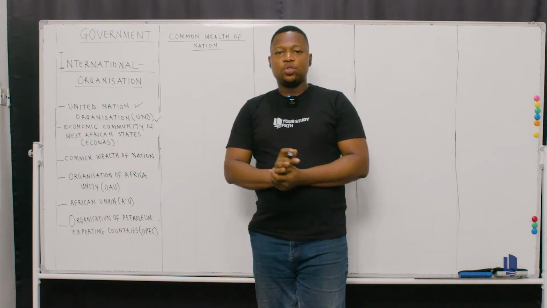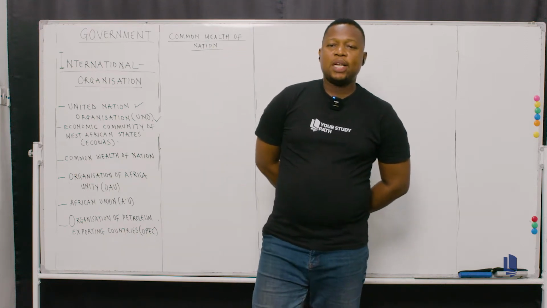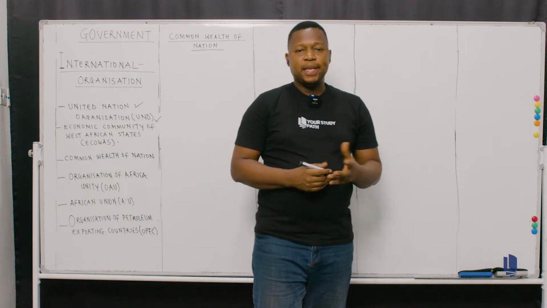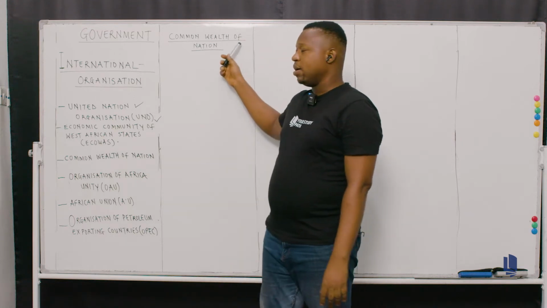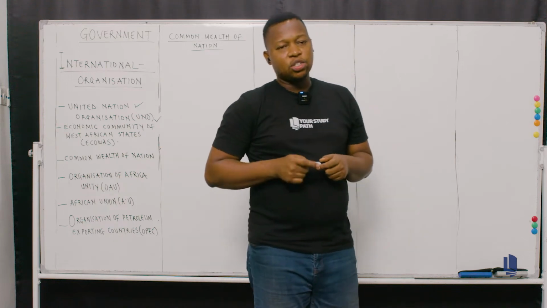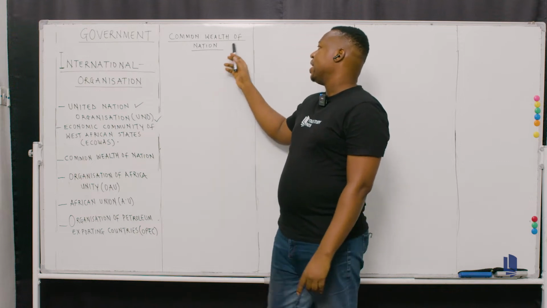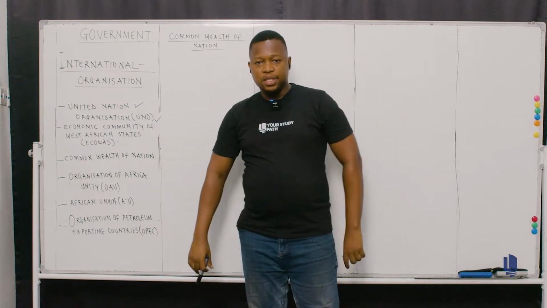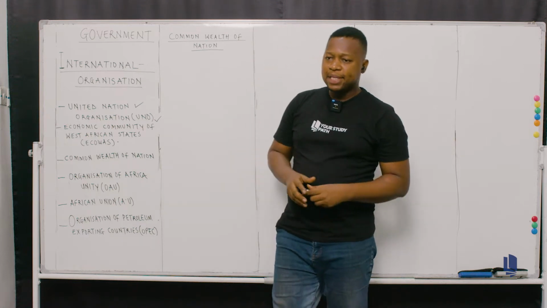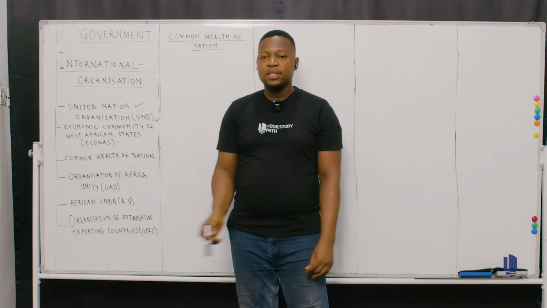So what are the things you want to look at under Commonwealth of Nations? We would like to know the origin, by explaining what Commonwealth is all about. We also look at the founding countries. Then we also look at the aims and objectives of founding Commonwealth of Nations.